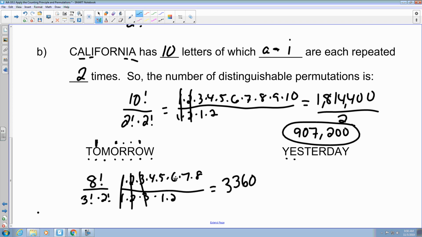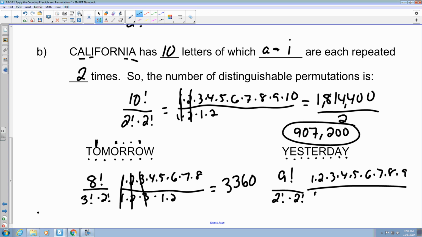I look over to my right. Yesterday is 1, 2, 3, 4, 5, 6, 7, 8, 9 letters, so I get 9 factorial on the top. E is repeated twice, so 2 factorial here, and Y is repeated twice. So I get 1 times 2 times 3 times 4 times 5 times 6 times 7 times 8 times 9 over 1 times 2 times 1 times 2. Cancel, cancel.